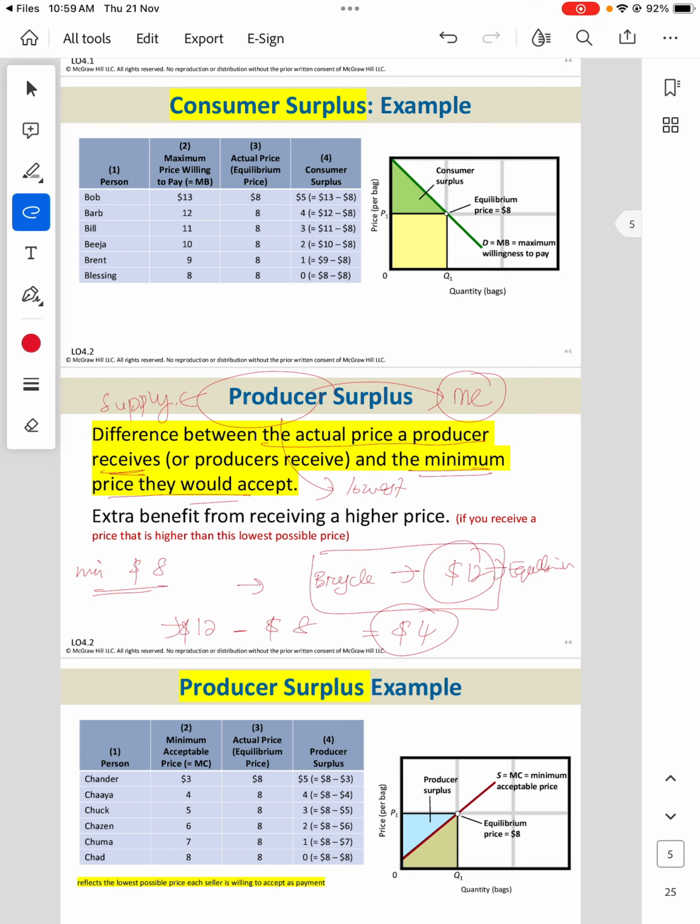Indirectly, this producer made a profit of 4. So the producer surplus is $4.